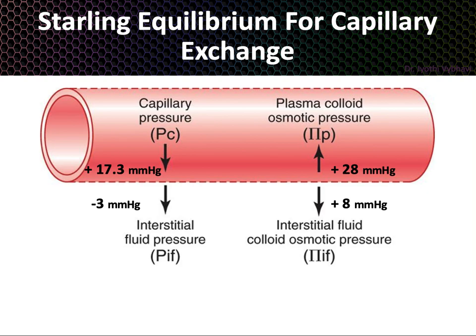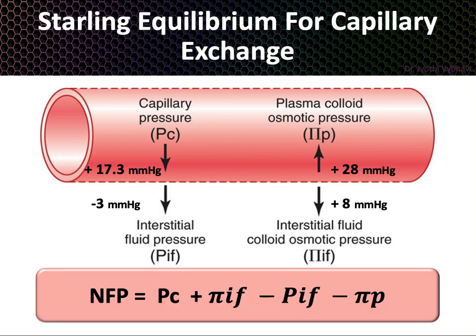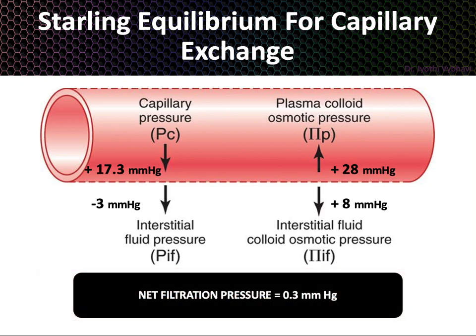When we substitute them into the formula, we get 0.3, which is very minute. This slight imbalance of 0.3 millimeters of mercury, the fluid that has come out and is not absorbed, is taken away by the lymphatics. So almost equilibrium is maintained.